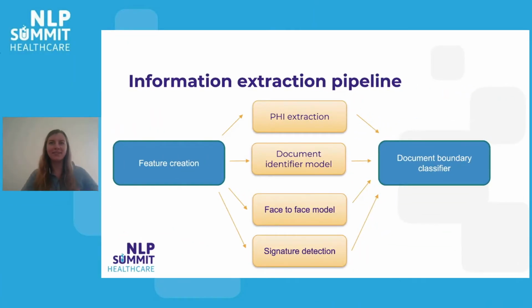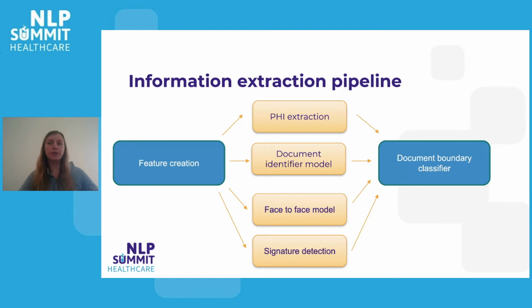We're going to speak about the information extraction pipeline, and we need that to make sure we identify documents correctly. In our task, we have scanned documents with different pages in them. They usually come in with PACS or with PDFs, just shared between the providers.